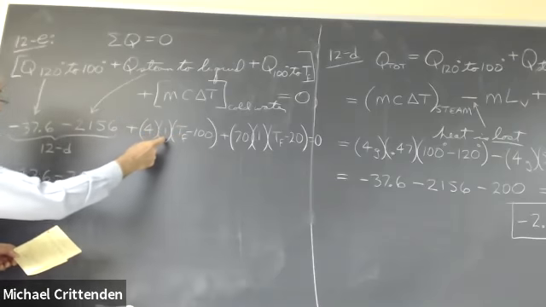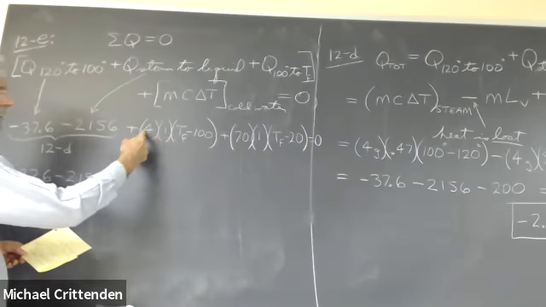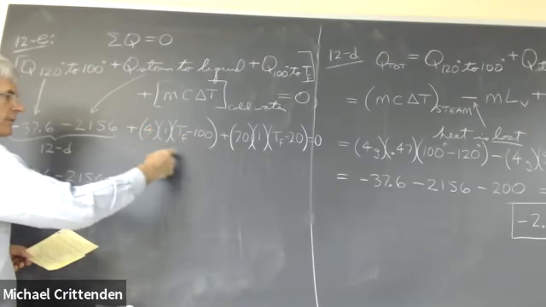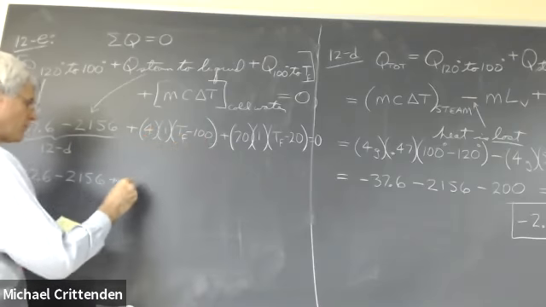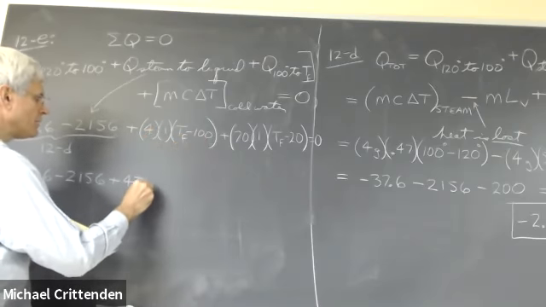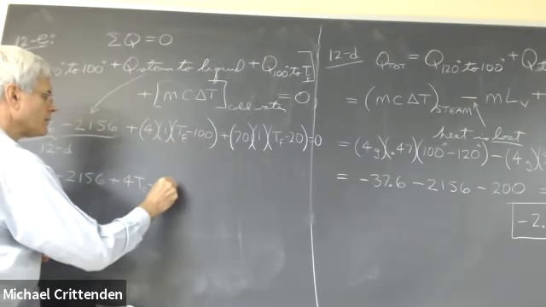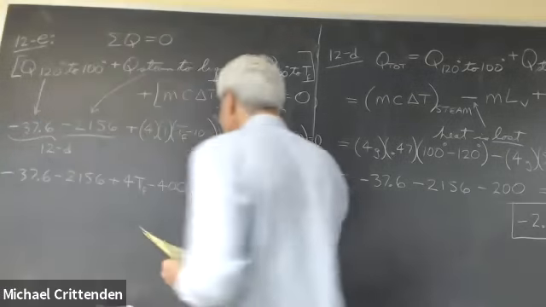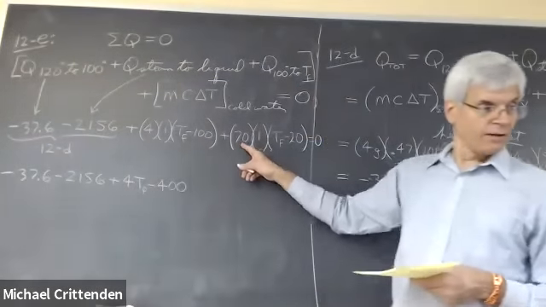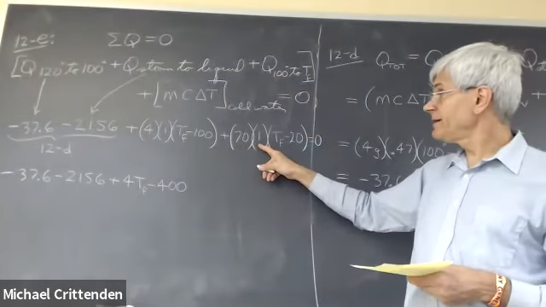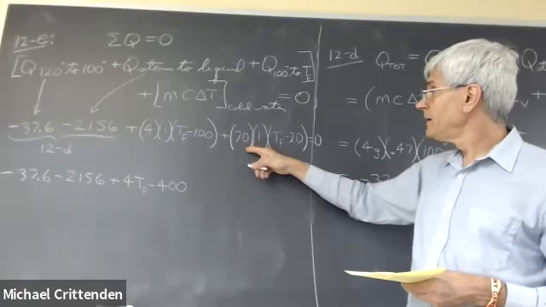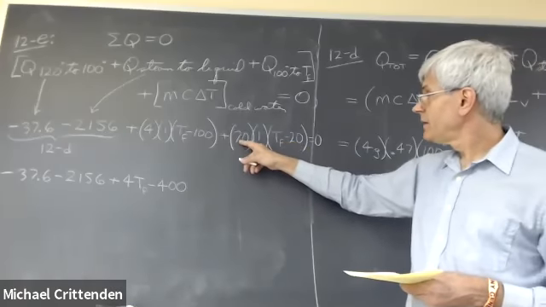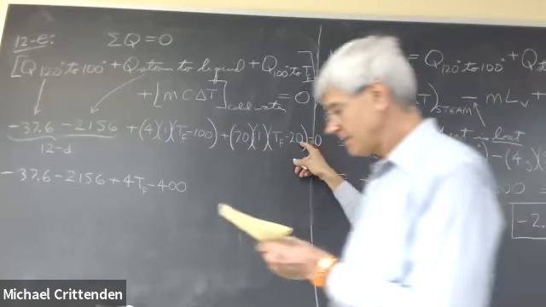Over here, 4 times 1 is 4, and then you distribute it. 4 times T, 4 times 100. So 4T minus 400. 70 times 1 is 70. Distribute that. 70 times T, 70 times 20.